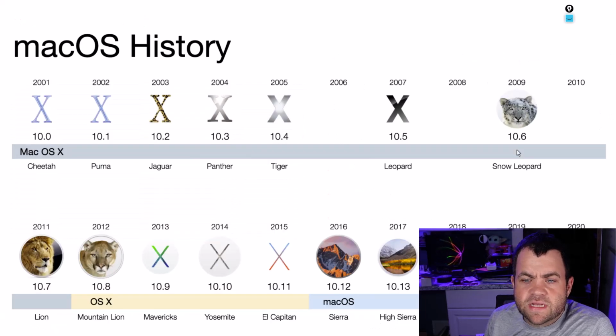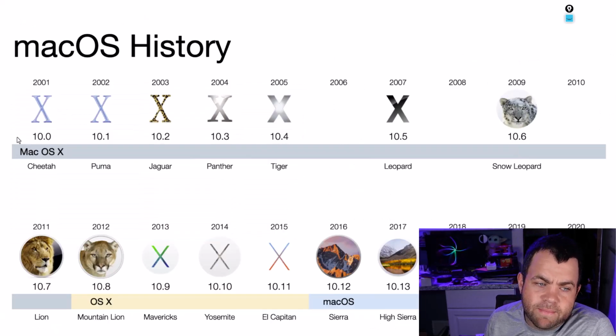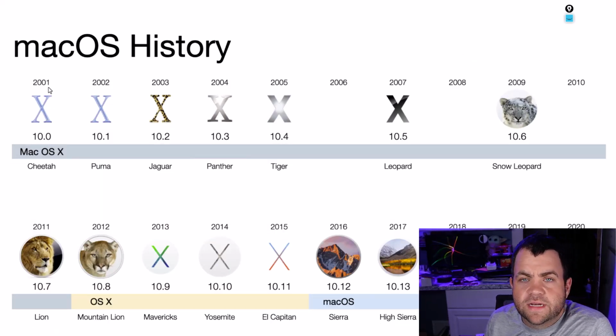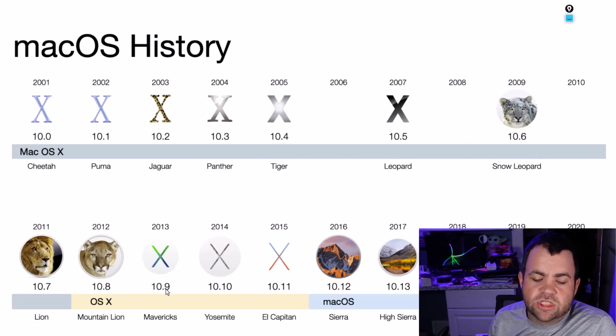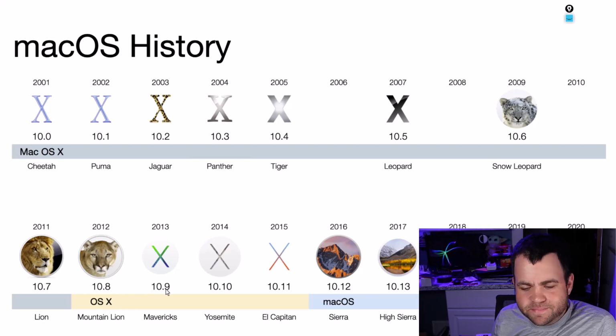Back in the day, we had Mac OS 10, which was back in 2001 is where it started. And they used to have these different cat names, okay? So we had Cheetah, Puma, Jaguar, Panther, Tiger, Leopard, Snow Leopard, Lion, Mountain Lion. And then we saw this change in 10.9 where they started changing to, instead of cat, they kind of ran out of cats, if you will.